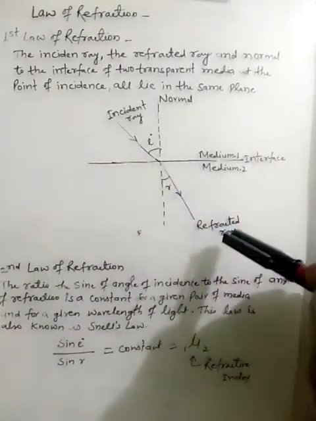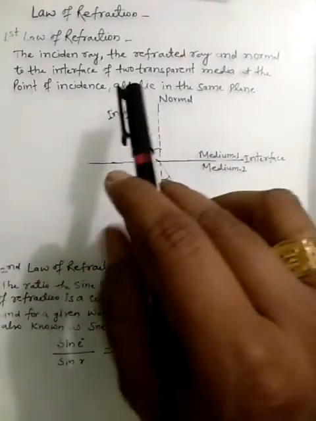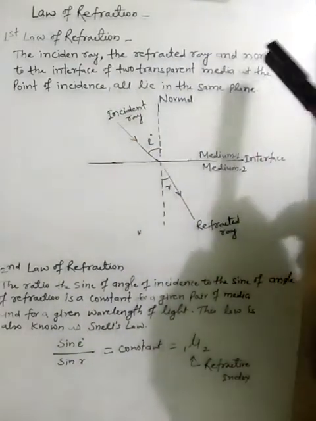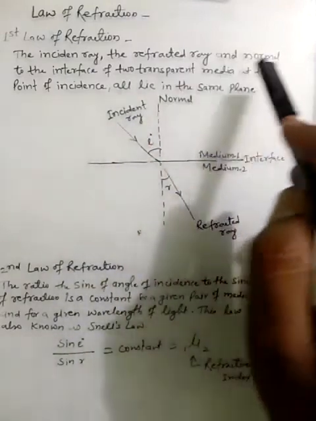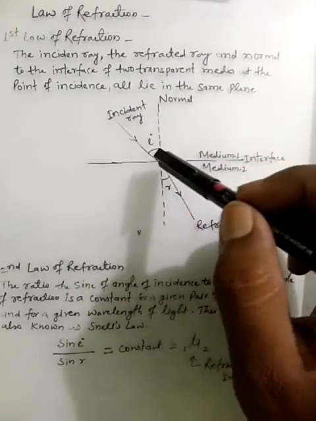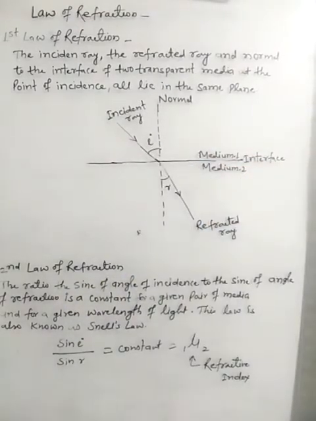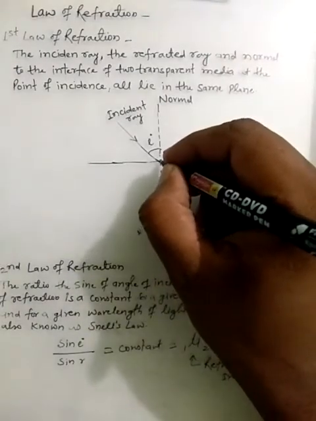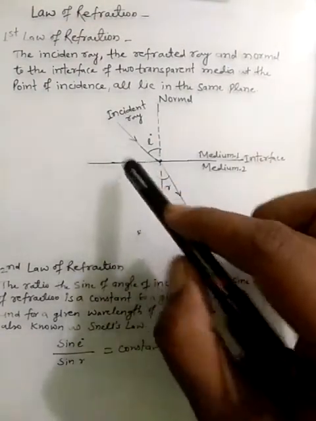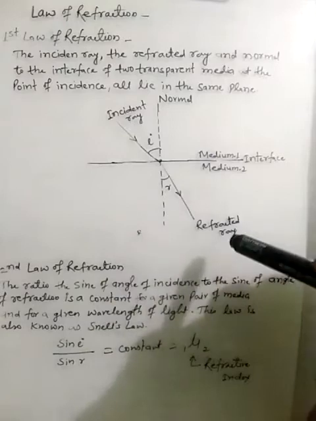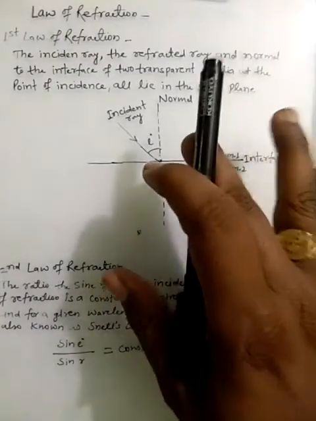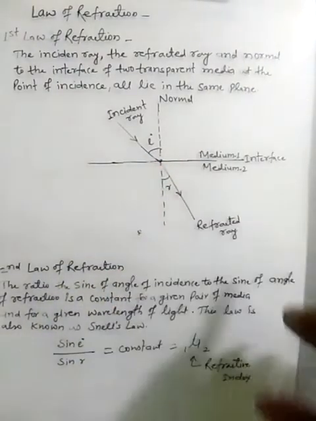This is the refracted ray, and this is the point of incidence. These three lines, incident ray, refracted ray, and the normal, all lie in the same plane. This is the statement of the first law of refraction.